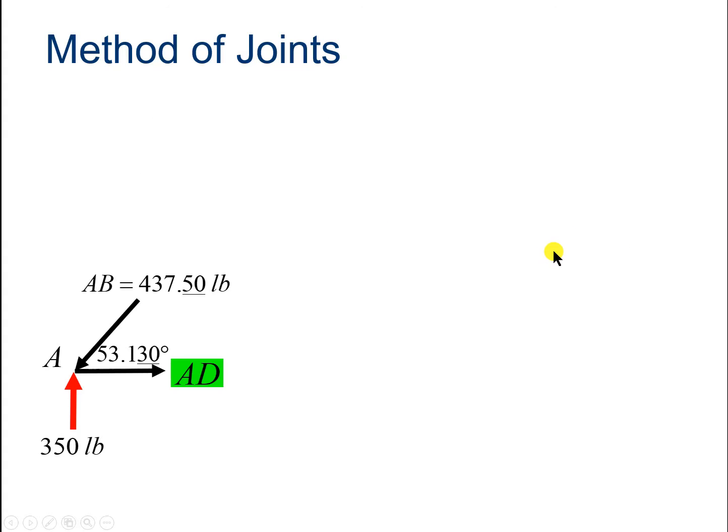Okay, this is a method of joints here, so now let's work on AD. You can see we're slowly reducing the number of unknowns. So we need to find one of our equations, and the obvious one is the sum of the forces in the x direction sum to 0, because AD does not have a y component. So let's do that. So minus ABX.